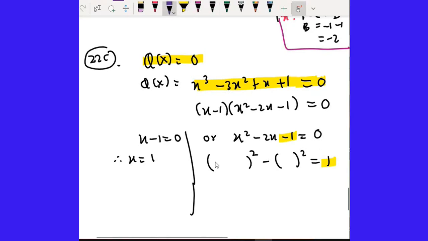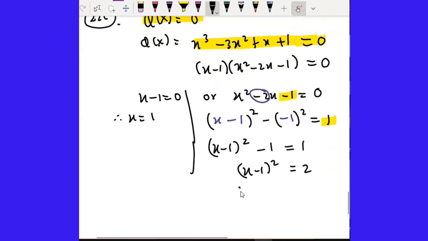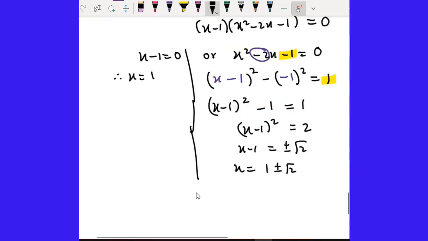So x minus 1 squared is equal to 2. Then x minus 1 equals plus minus square root of 2. Your x is equal to 1 plus minus square root of 2. So x equals 1 plus square root of 2 or x equals 1 minus square root of 2.